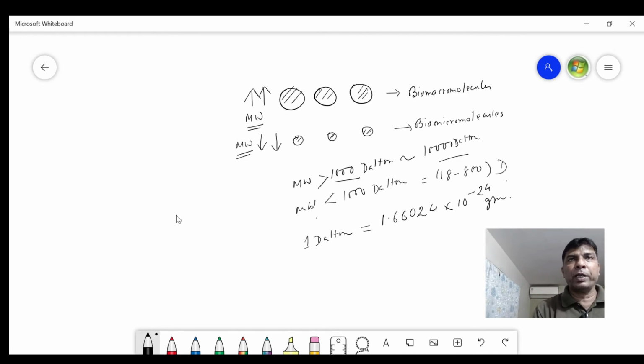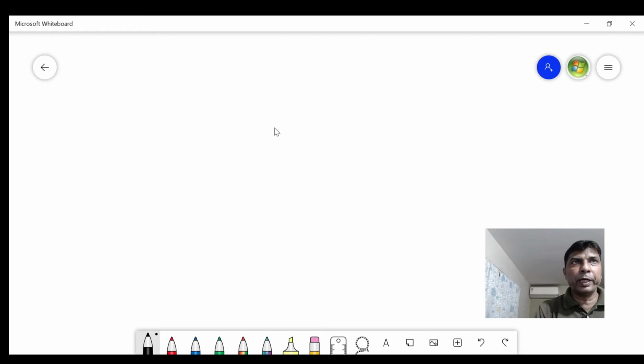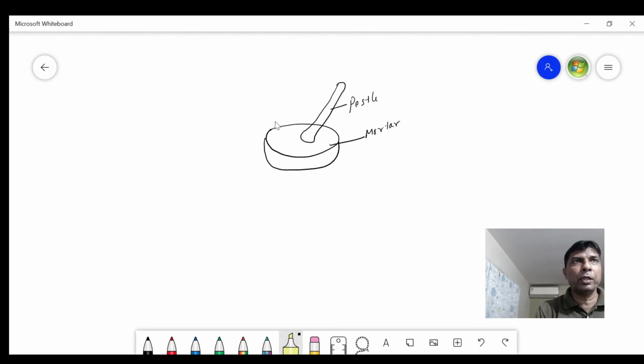Now let's go through an experiment by which we can separate the biomacromolecules from biomicromolecules. For this we have to take a mortar and a pestle. Inside this mortar we have to take a solution known as carbon tetrachloride.